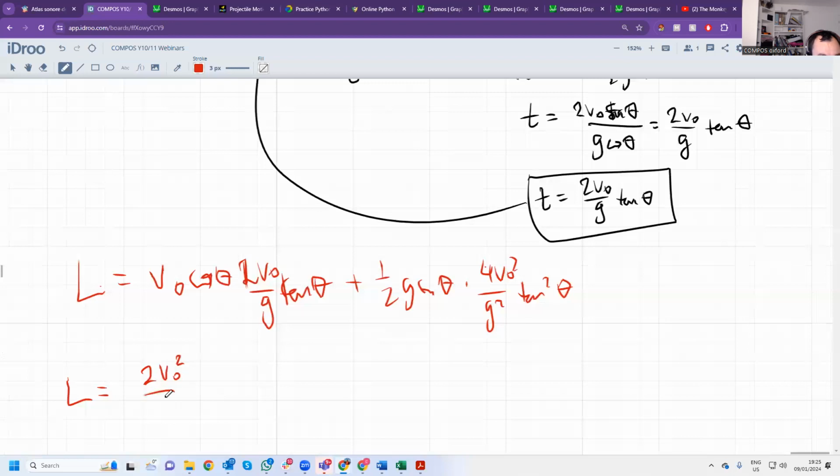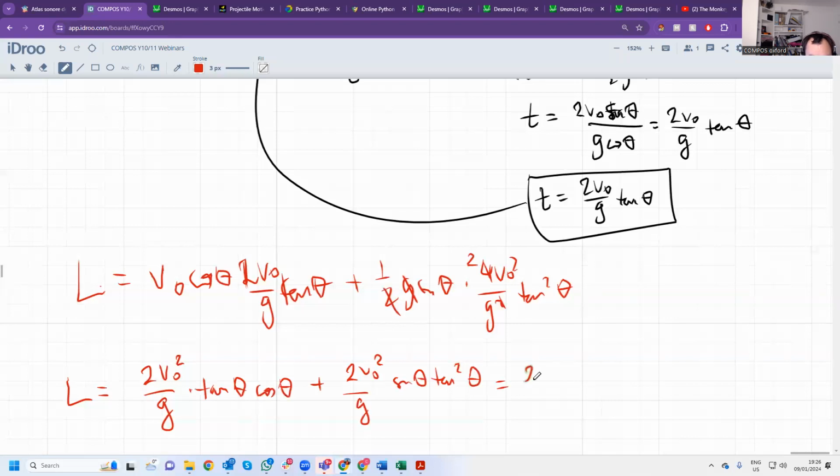2v0 squared divided by g multiplied by tan theta cos theta, plus, 2 cancels, g cancels, so 2v0 squared divided by g sine theta tan squared theta.